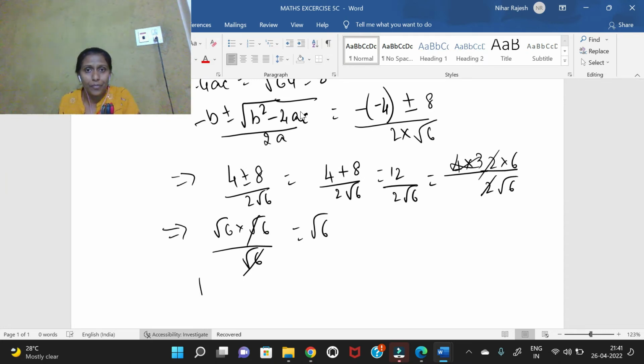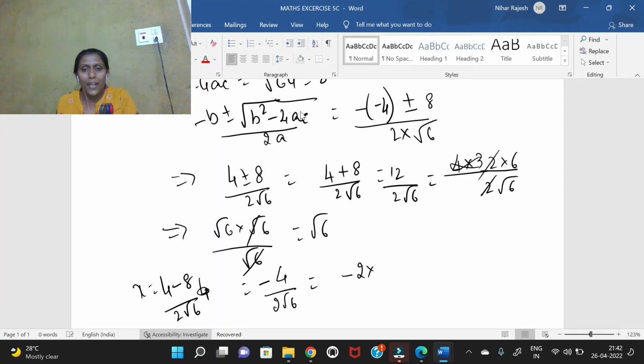Next. So, we did it by 4 plus 8. Now, x is equal to 4 minus 8 by 2 root 6, which is equal to minus 4 by 2 root 6, which is equal to minus 2 into 2 by 2 root 6, which is minus 2 by root 6.